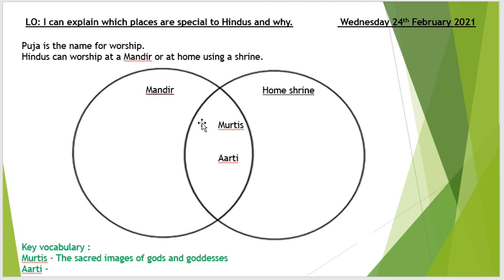Okay, year 5 and 6, so hopefully you've drawn very lightly your Venn diagram, and you've got a heading mandir and a heading home shrine. Now, wherever your heading for mandir is, in that part of the circle, you're going to need to record your knowledge of the mandir and how a Hindu worships at the mandir.